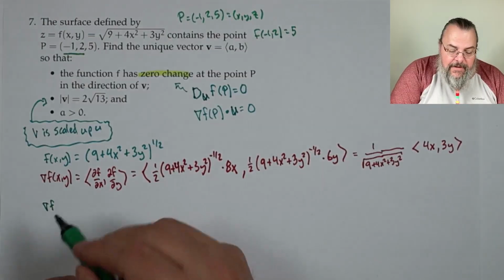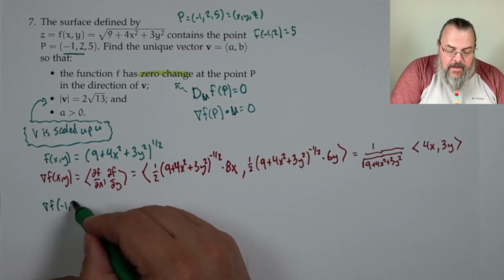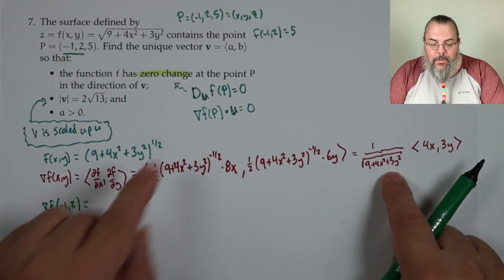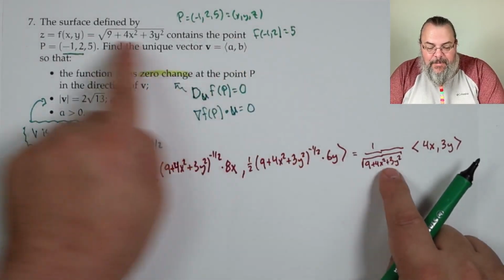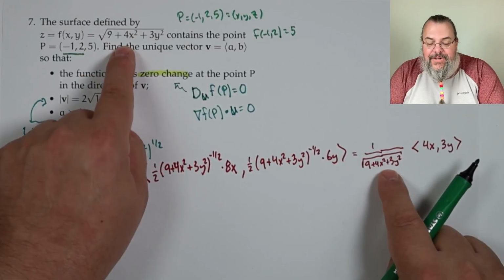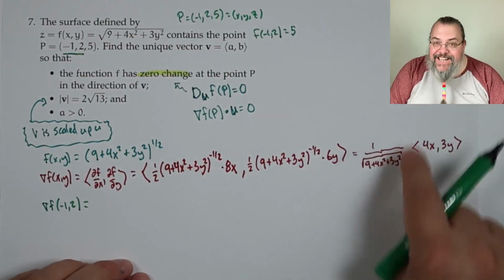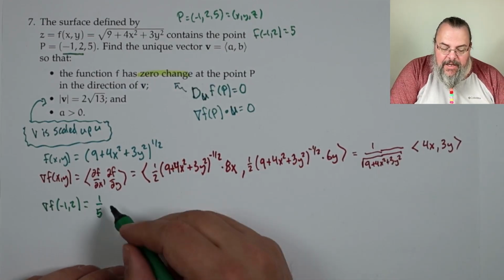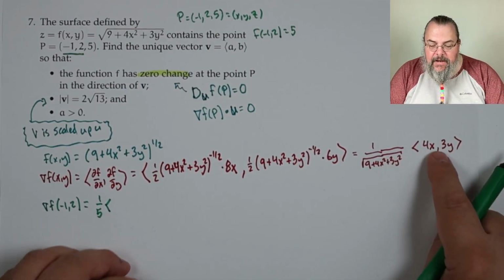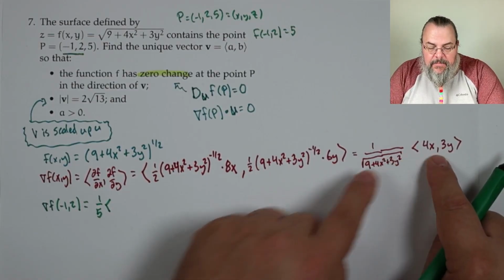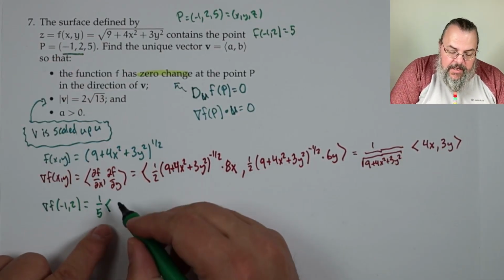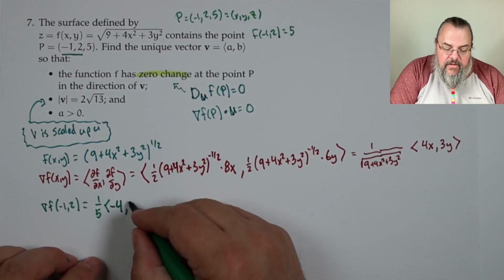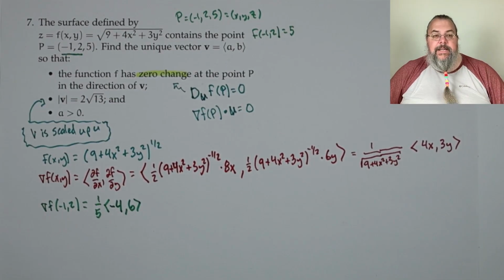So the gradient of f at (-1, 2) is, now, good news, we know this part is f, downstairs, and it's 5. So that becomes 1/5 times, and now we have here 4 times x, so that's a minus 4, and 3 times y, and that makes 6.